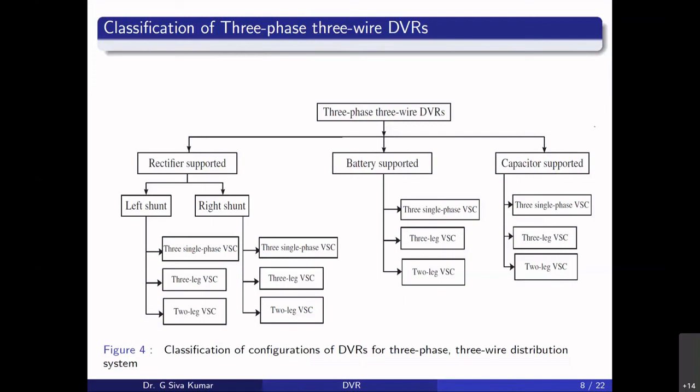Okay, there is no rectifier and there is no battery. They tried to develop an algorithm to maintain some value of the capacitor voltage. Once you are able to maintain the capacitor voltage from the source itself, then your inverter starts functioning to correct the voltage at the PCC.